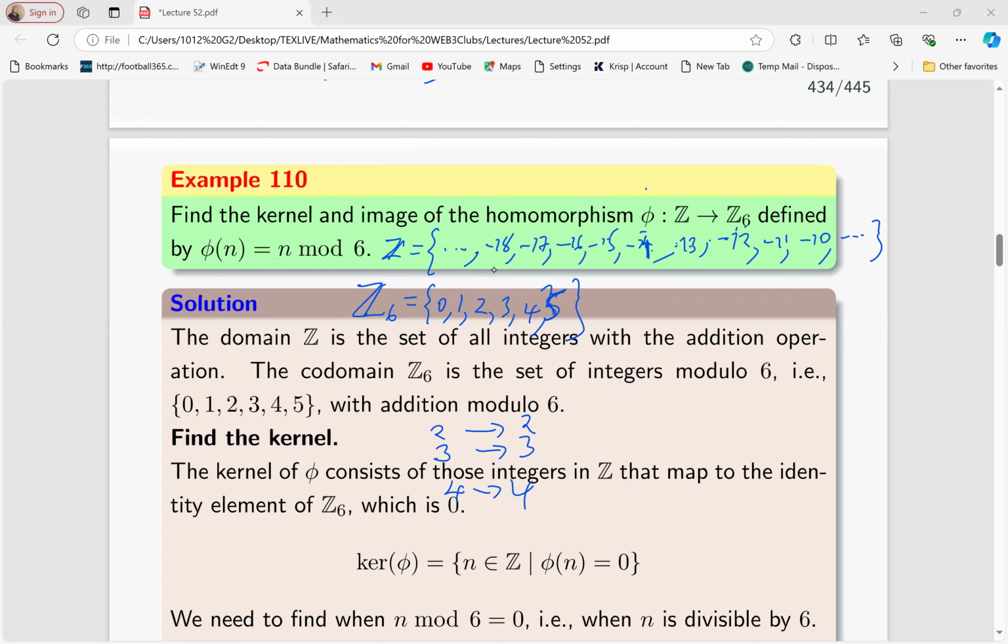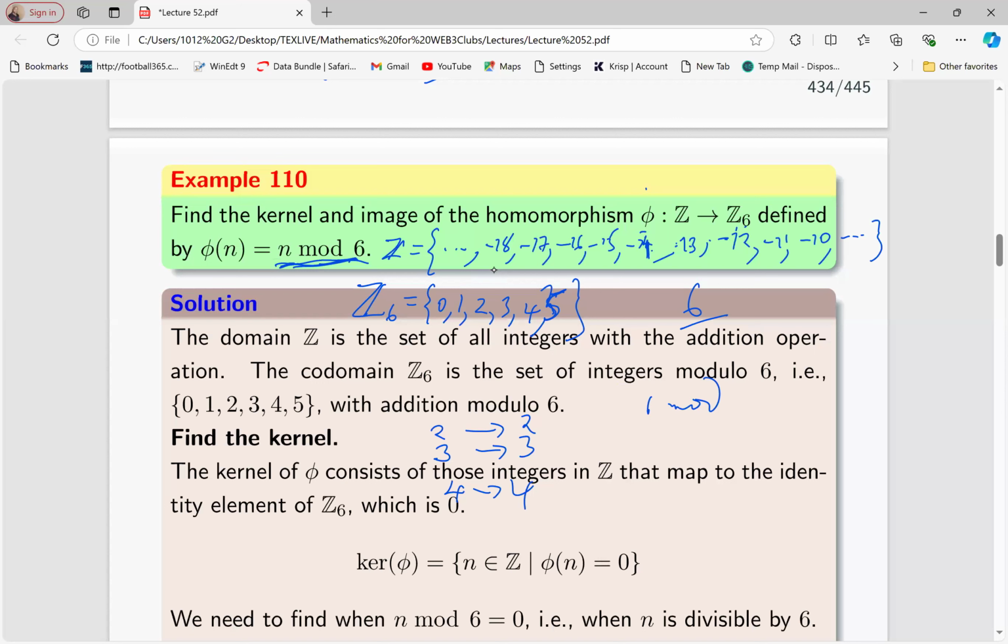So let me give you a small example. Where will 6 be mapped to? It will be mapped to 0. Yes, 6 will be mapped to 0, because we are using n mod 6. It is n mod 6. So 6 will be mapped to 0, because 6 mod 6 is 0.